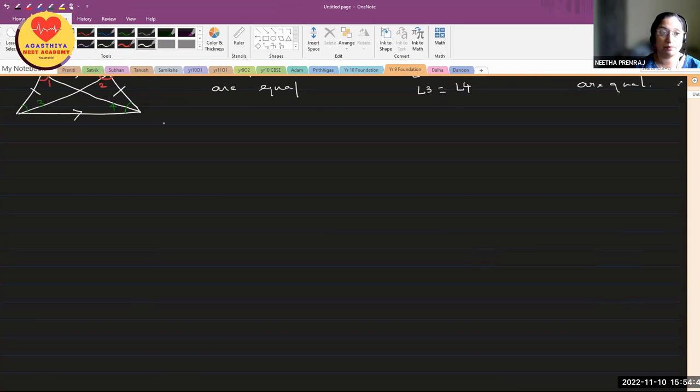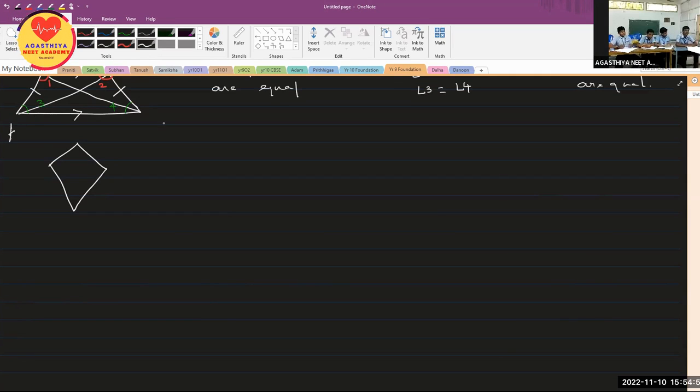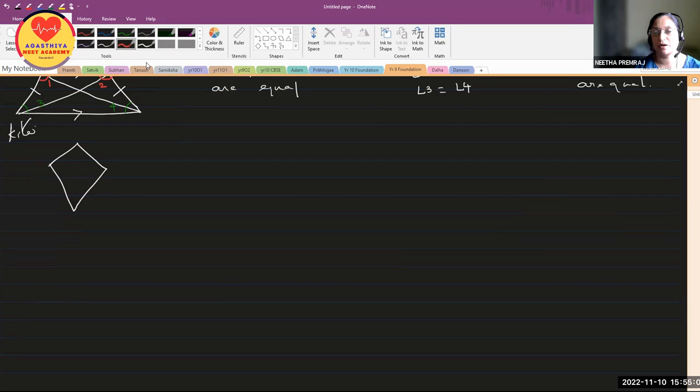The last shape is. Now tell me, what is the name of this shape? Kite. Yes, correct. Tell me the properties of kites. What about the sides? Opposite sides are equal?